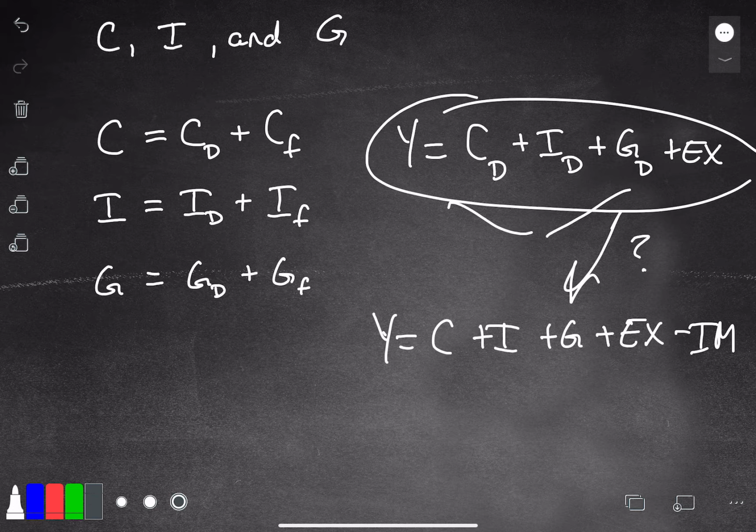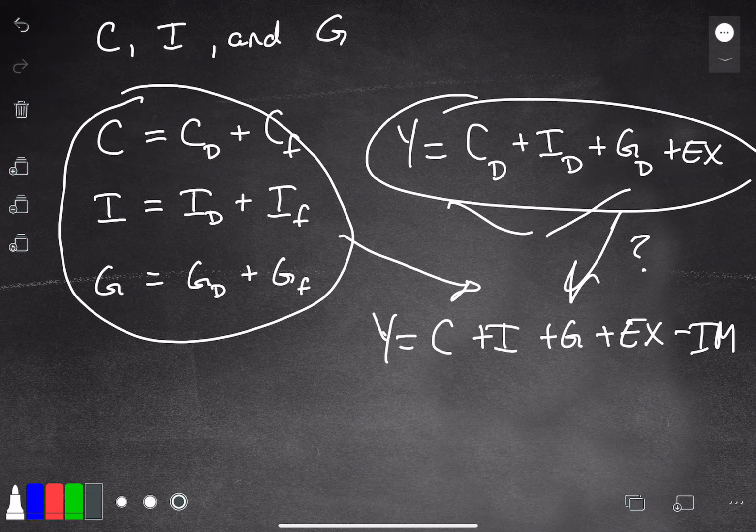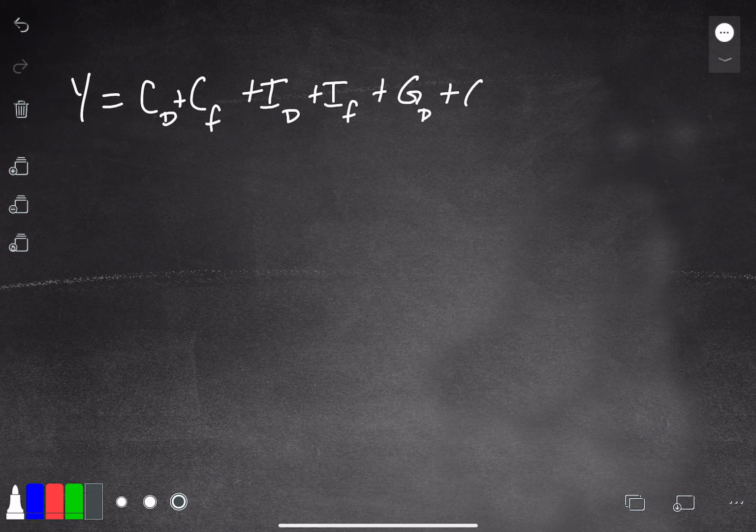So what I'm going to do is take all of these and substitute them in here. So Y is equal to CD plus CF plus ID plus IF plus GD plus GF plus exports minus imports.